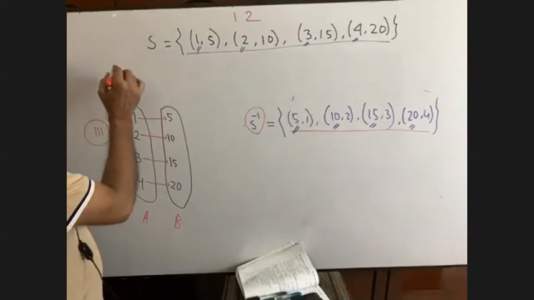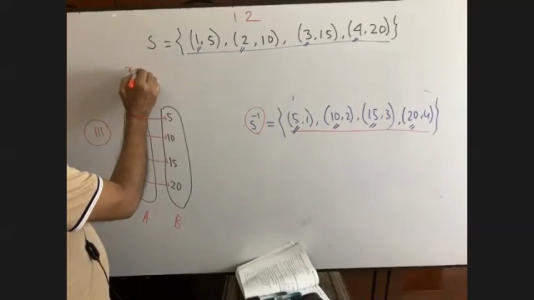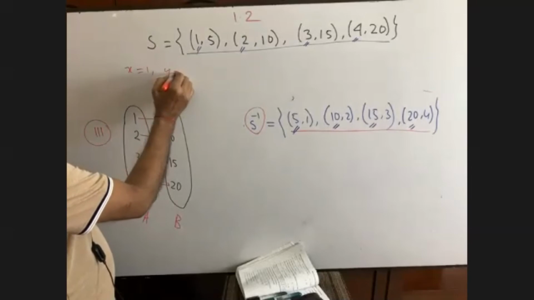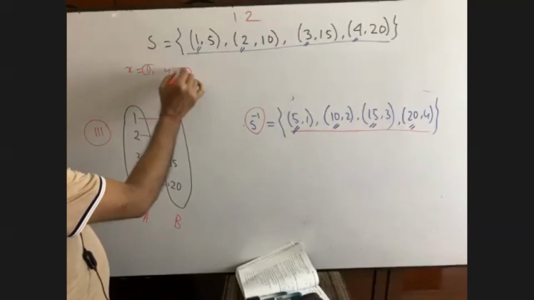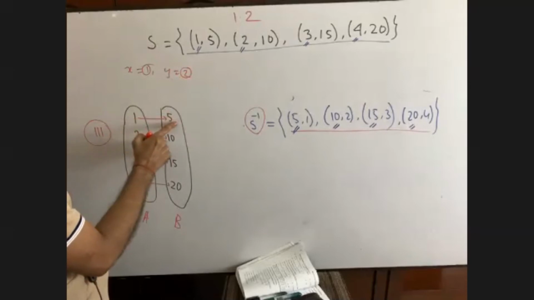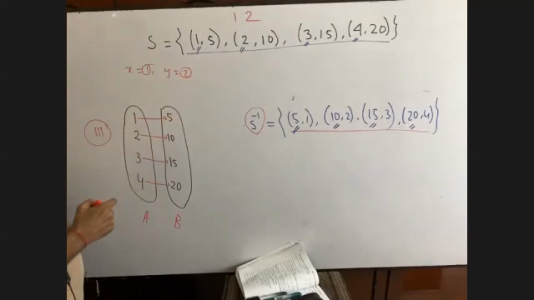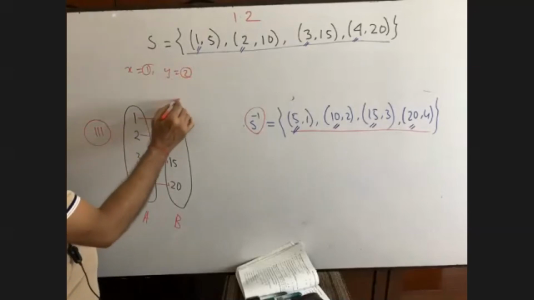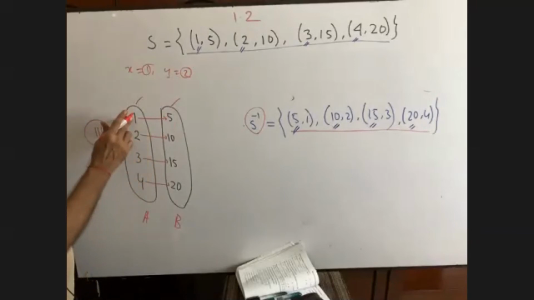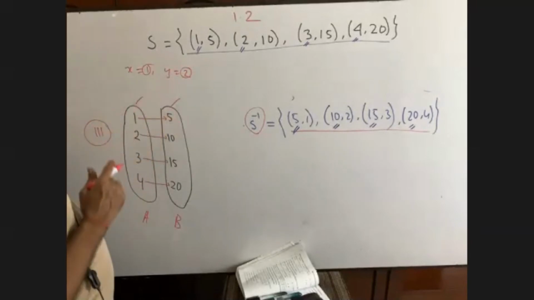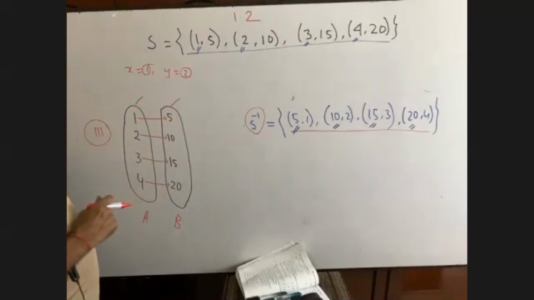Suppose X equals 1, Y equals 2. This is called 1-1. Here for 1, we are getting 5. For 1, we are not getting 10. So we are getting only one value of Y for one value of X. In that case, it is called a 1-1 relation. Have you got it?